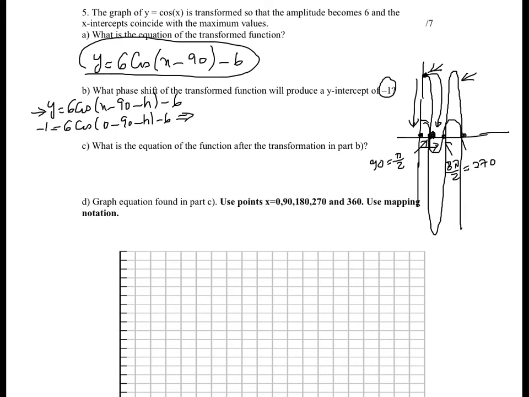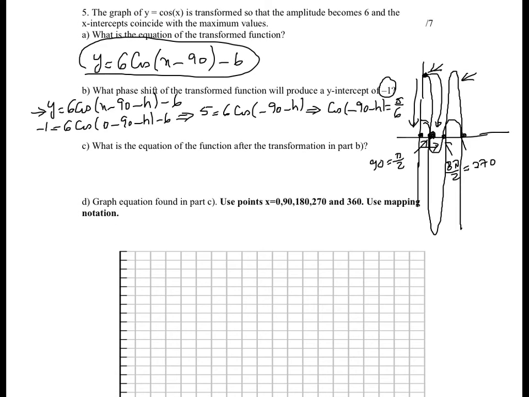If I move negative 6 to the left, it becomes 6. 6 minus 1 becomes 5. So 5 is equal to 6 cos (negative 90 minus h). Or if I divide by 6, I get cos (negative 90 minus h) is equal to 5 over 6.